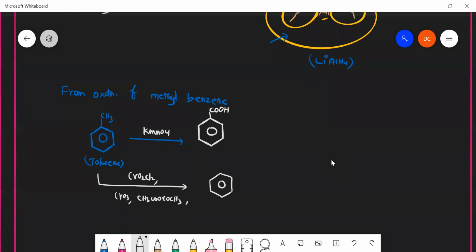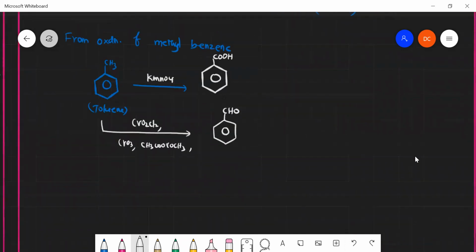So partial oxidation takes place, half of the oxidation reaction, so these are mild or weak oxidizing agents. If we use a strong oxidizing agent, the CH3 group is completely converted into carboxylic acid. But here we need preparation of aldehydes, so we have to use a mild oxidizing agent.